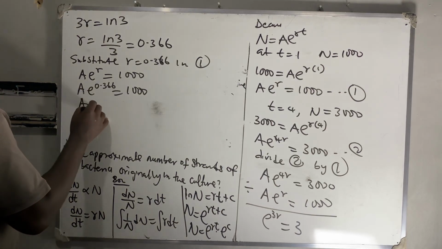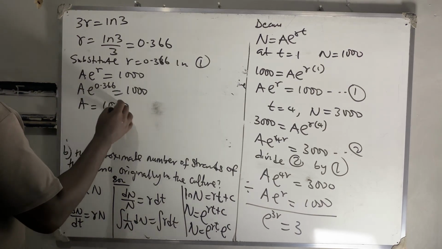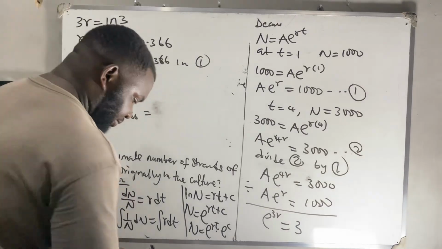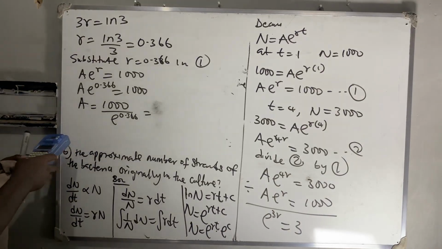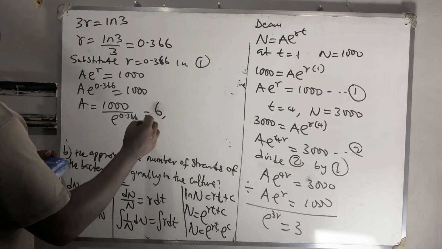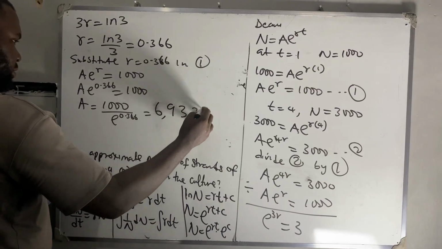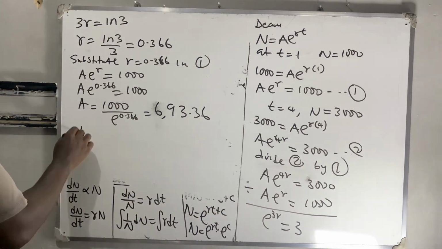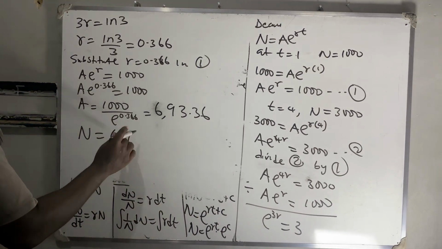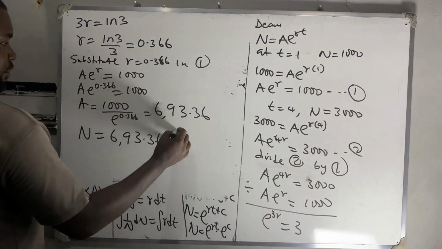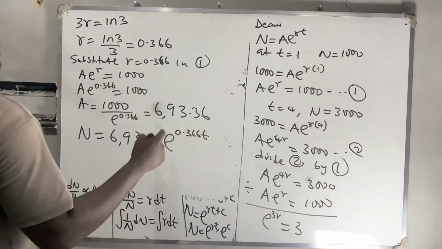So A will be 1,000 divided by e^0.366. I'm having that my A is 693.36. So now the expression is that N is equal to 693.36 e^(0.366t). So this is the expression.